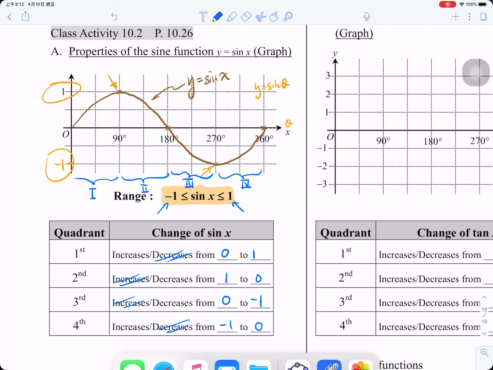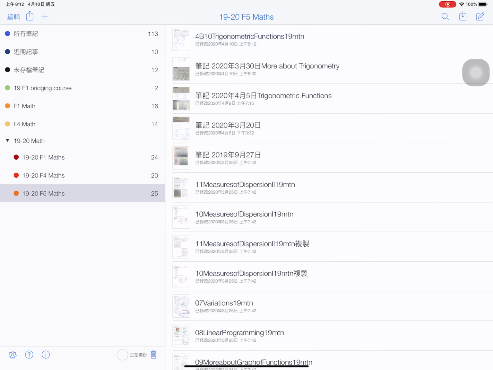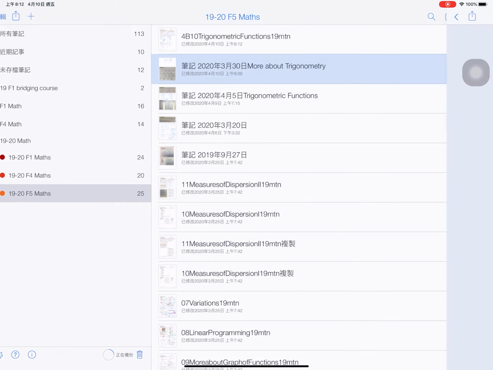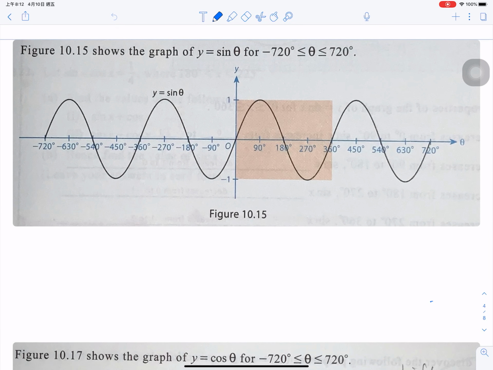And let's see. Just now we focused on between 0 and 360 degrees. How about we go on? You see that the graph goes up and down again, like this.